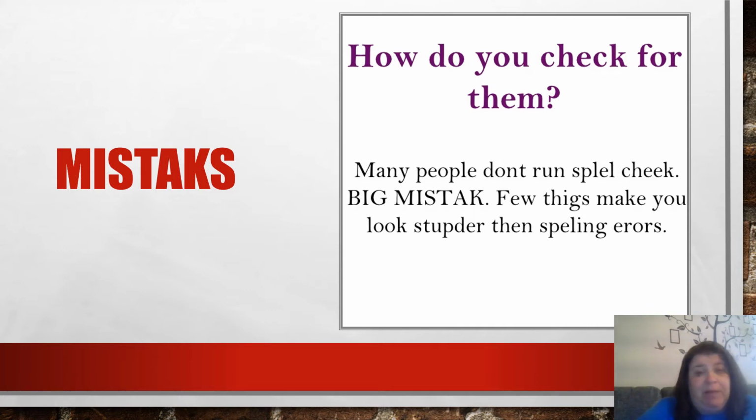So having spelling and punctuation errors just doesn't make you look very smart. It makes you look like you're not taking time with your writing. You're not thinking much about what you're writing. So take that time if you're writing a paper to run the spell check. Look at your grammar usage. Just make sure that it's done correctly.